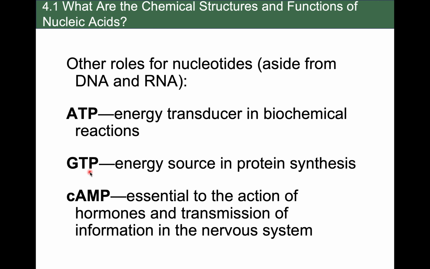There are some important signaling molecules like this one called cyclic AMP, or cAMP for short. We'll see that in an upcoming chapter. So just be aware there are nucleotides that are doing important things outside of DNA and RNA as well.